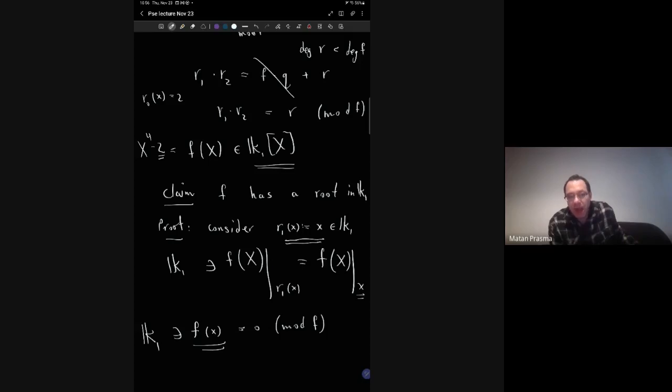So f of lowercase x is 0 in K1, because in K1 I do modulo f. So this is all to say that f of capital X has a root in K1. One root, I don't know anything else, I just have one root. Is this clear, Carlos? It's clear.